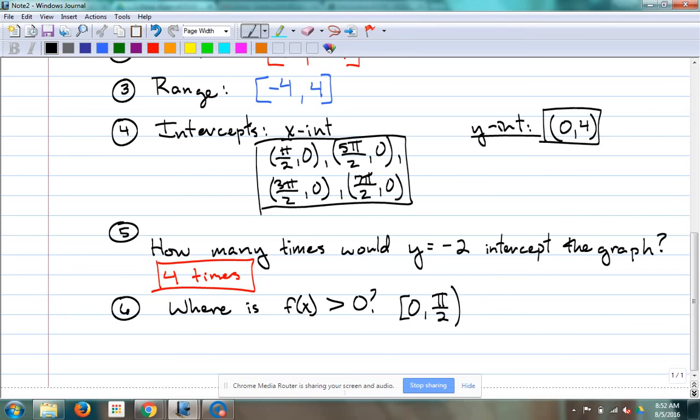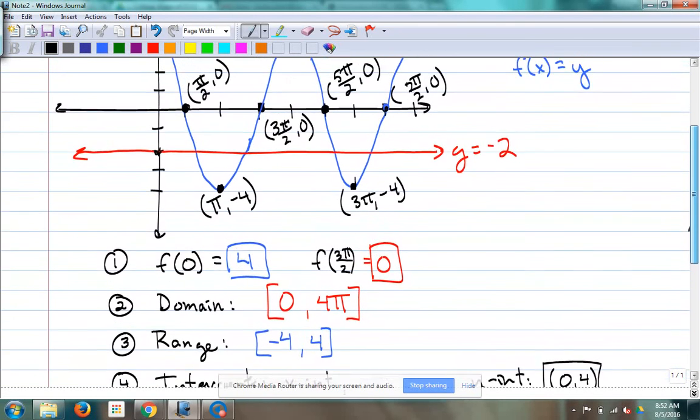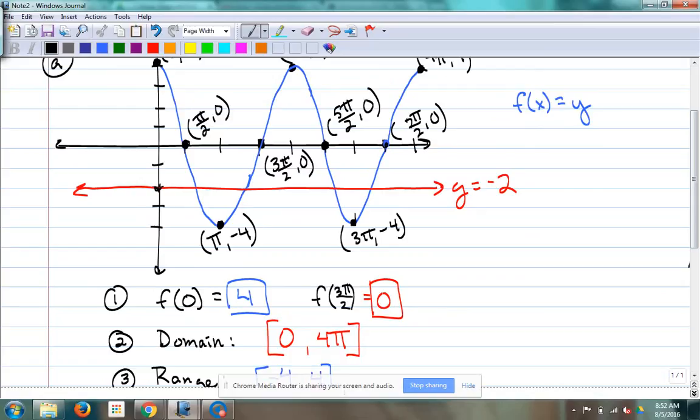So when I look at my graph some more, I have to go a little further. All right, so I got to here. All the y values right here are what kind? They're negative. So right there, 3 pi over 2.